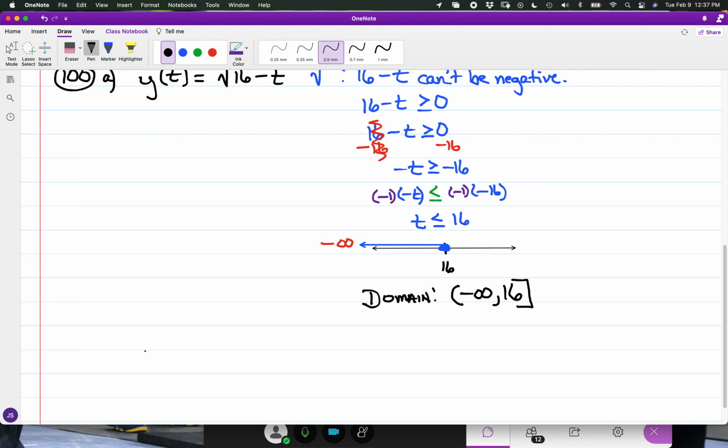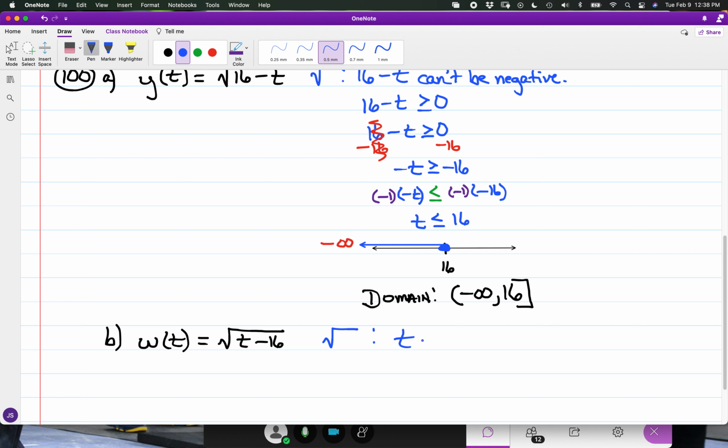Now, for part B, this time we're going from y of t to w of t. And this function we have set equal to the square root of t minus 16. So you have almost the same problem, except we had the t and the 16 switched around.